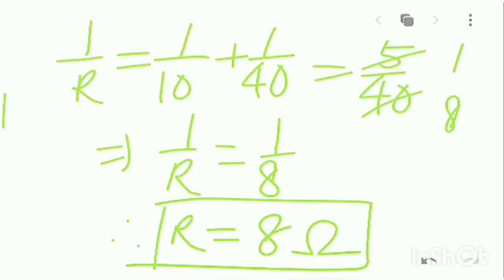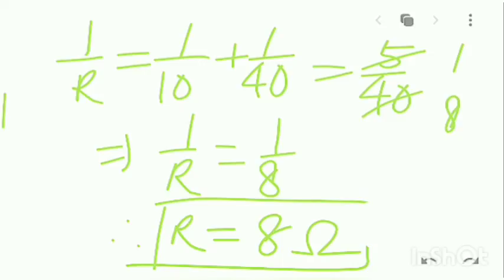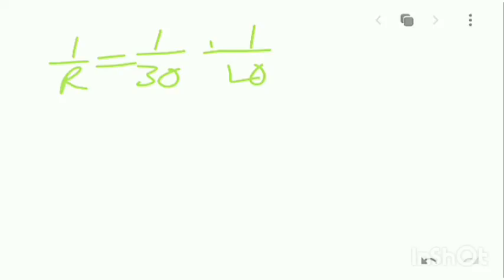Clear? Next we come to the lower branch. Please remember the value, it is 8 ohms. Now the lower branch is the combination of 30, 20 and 60. So 1 by 30 plus 1 by 20 plus 1 by 60.